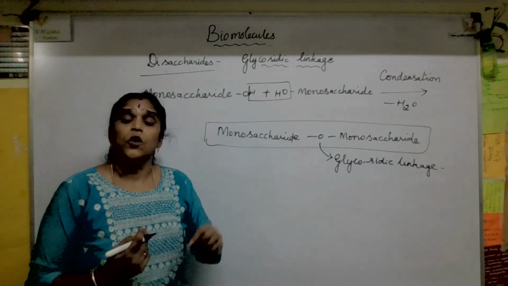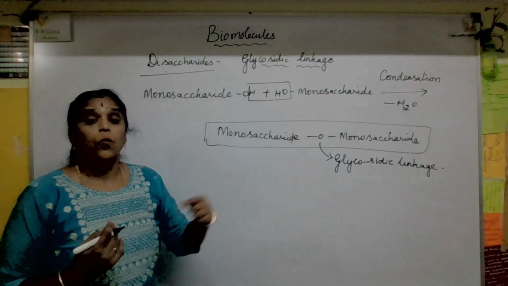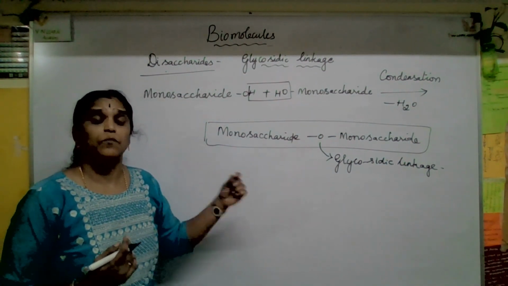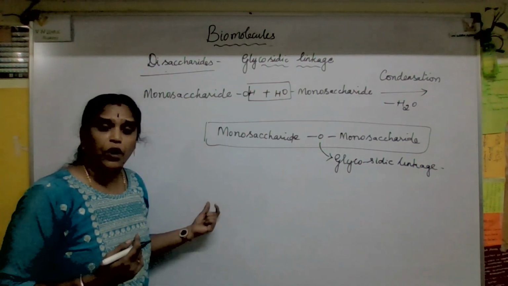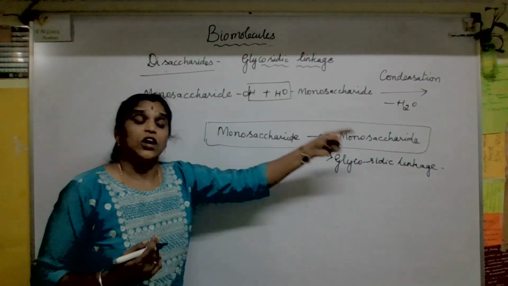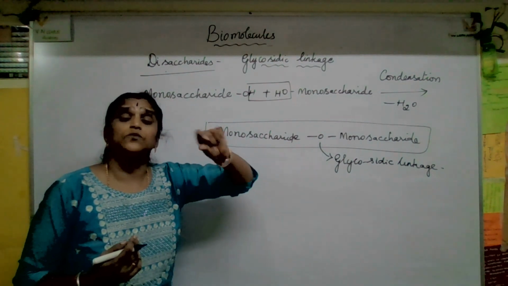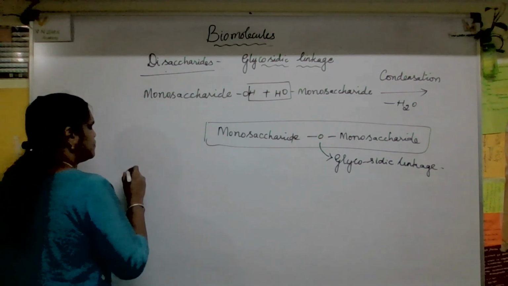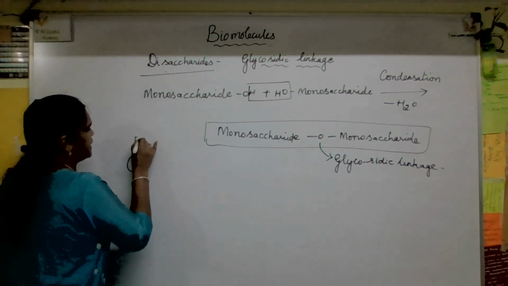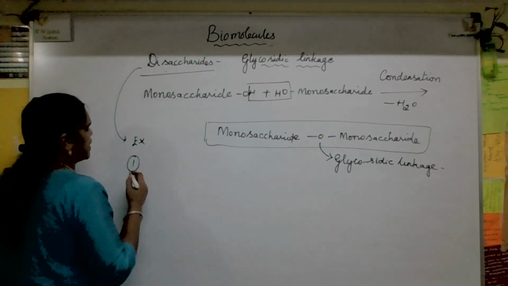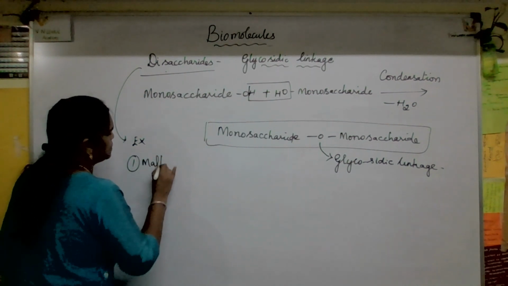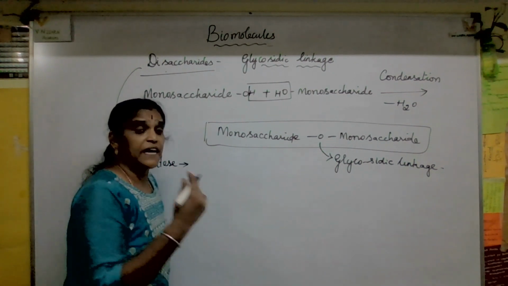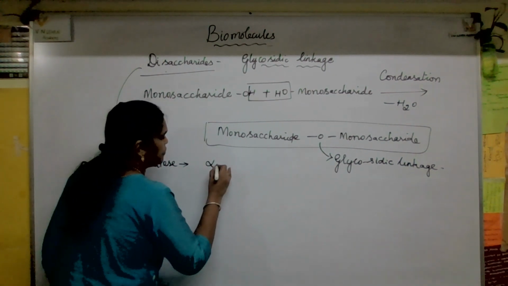Come on, let us go to examples of disaccharides. What units are available in the disaccharides? Monosaccharide units combine to form a disaccharide. Then what is the linkage, and the position of the linkage, we will also go for that. First and foremost, examples of disaccharides. Maltose, let us take it. In maltose, the monosaccharide units are alpha glucose plus another alpha glucose.